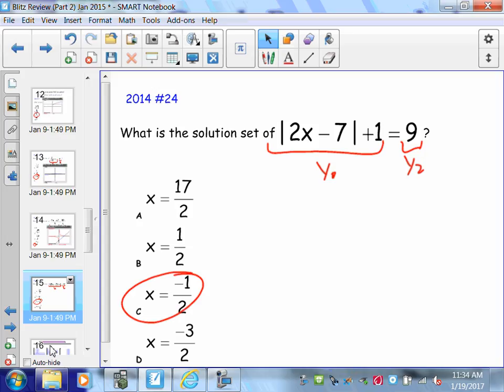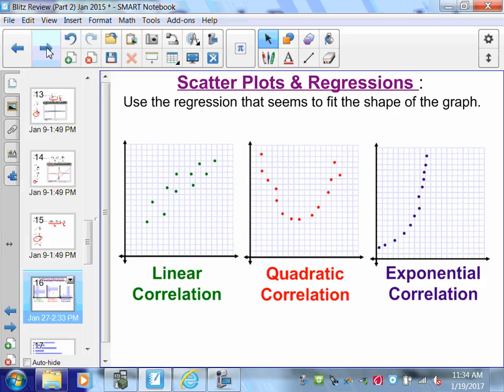All right, here we go. Next major topic. We're moving on from this one. Next major topic is how to find a regression. A regression is a pattern, right? And there's 3 main types of patterns. A linear regression: if you see a bunch of dots that looks like it's going to form a line, going in a linear fashion, that's a linear regression.